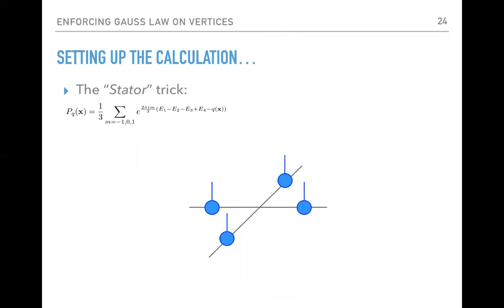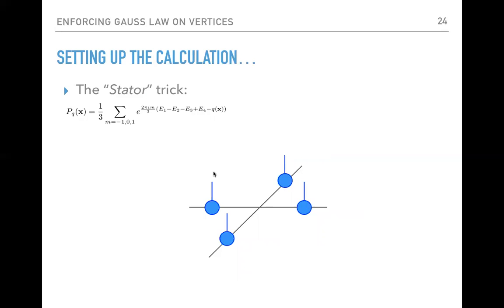But one thing is that we can use the same trick to enforce Gauss law on the vertices. So you define a projector, which just projects vertex X to charge Q, which is just a usual projector. E1, E2, E3 are just the electric field operators on the links.